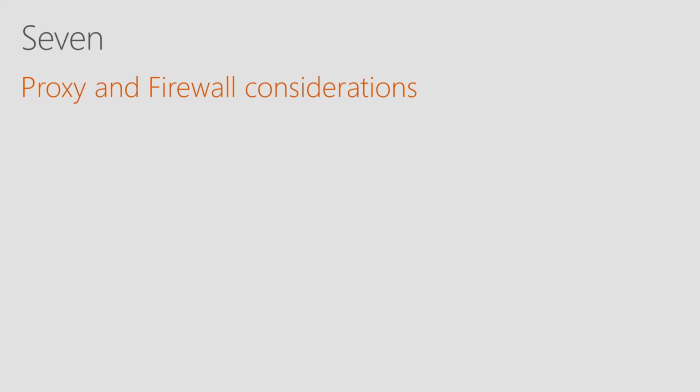So the next one, proxy and firewall play a critical role, especially if you're going to have users download from the cloud. But they also play a critical role since users still have to activate against the cloud. So they still have to go to the Microsoft activation servers and get a key downloaded to their workstation. And proxy or firewall can become a roadblock in that regard.